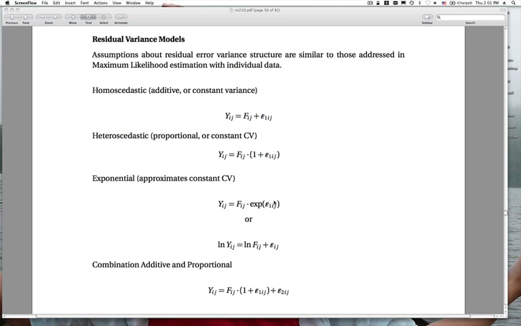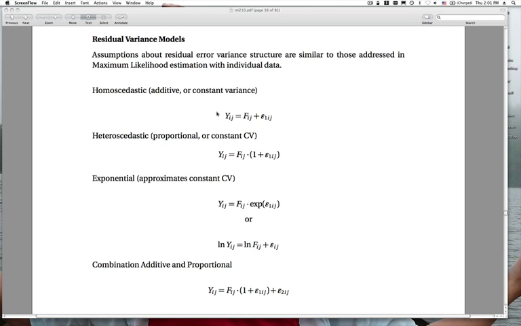Now let's go to the residual level. Residual variance models are very similar to what we discussed on the individual level data using maximum likelihood in the first lecture. I'll just review a few of these written in the population context here, but the concepts are essentially the same. So the first is a homoscedastic or constant variance model, where we have the observed data here.